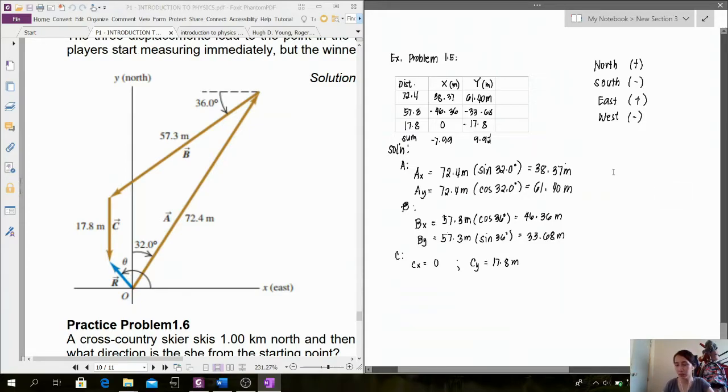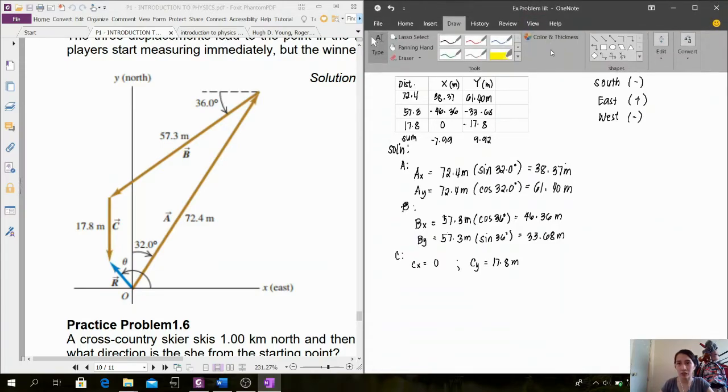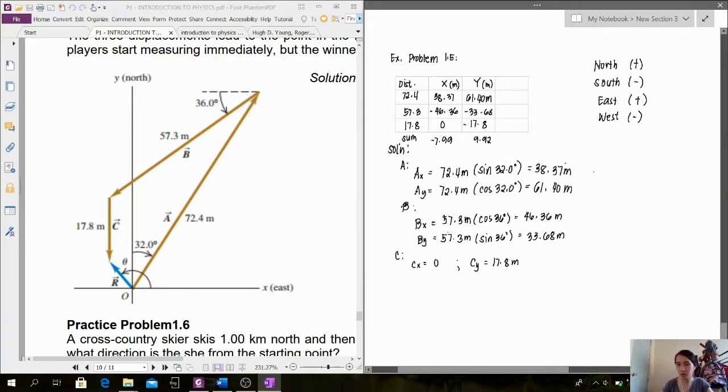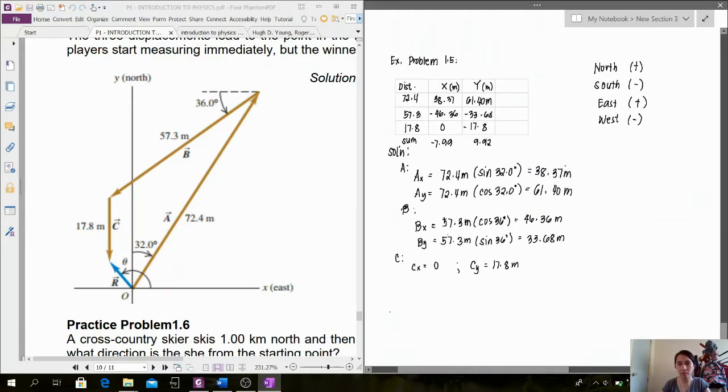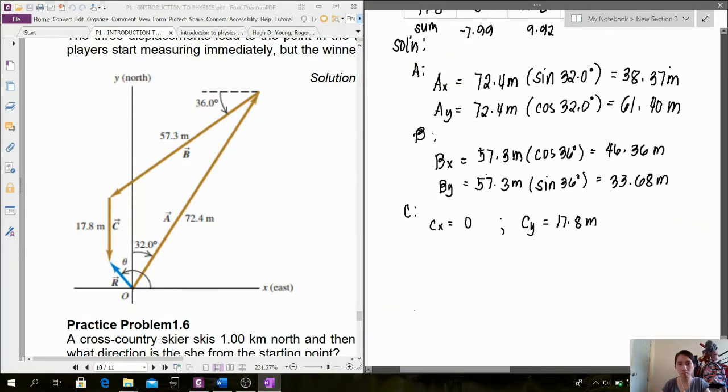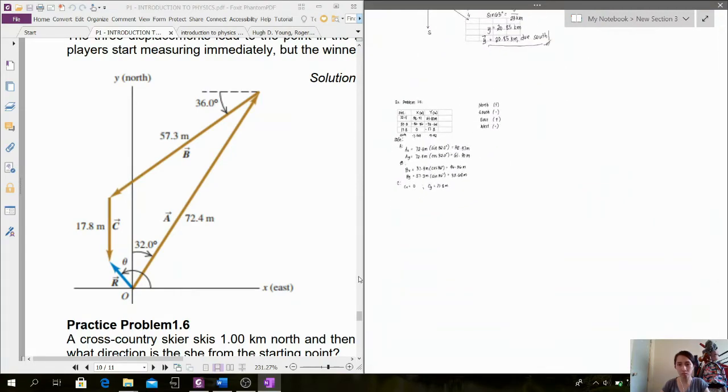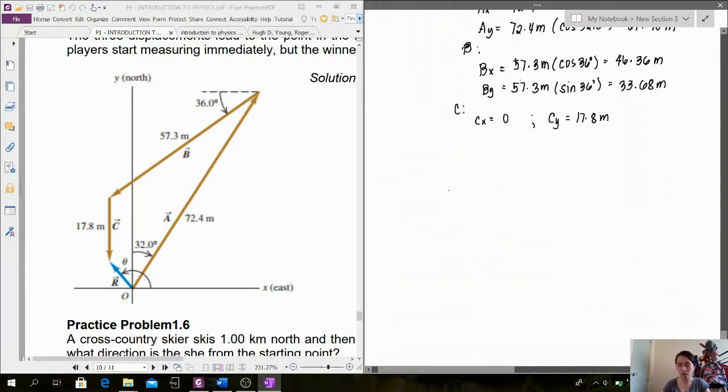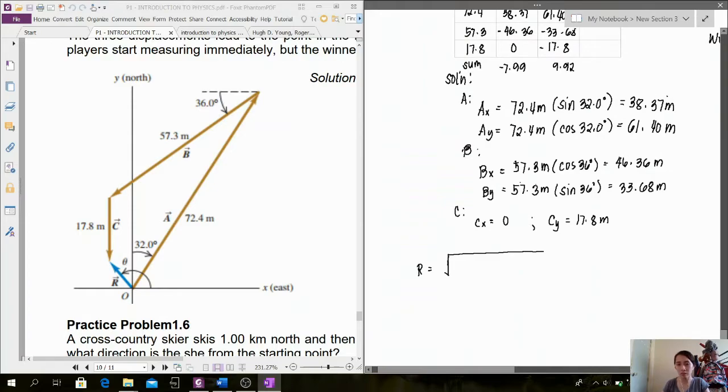So now let us solve for the magnitude of the resultant vector. The magnitude R is equal to the square root of the sum of the squares of the x and y components. So again, we have negative 7.99 squared plus 9.92 squared.